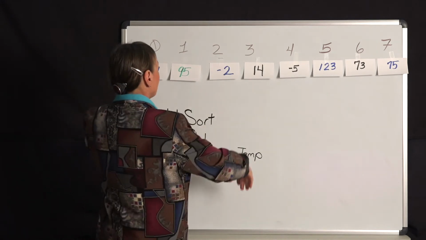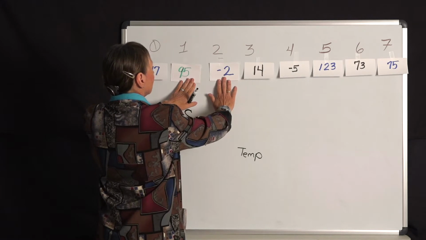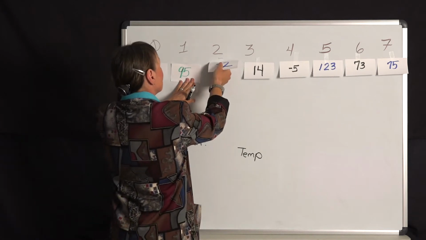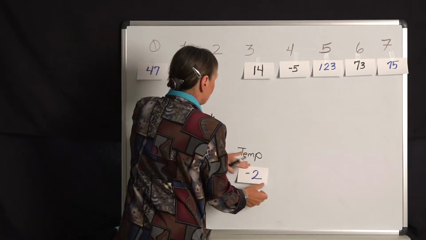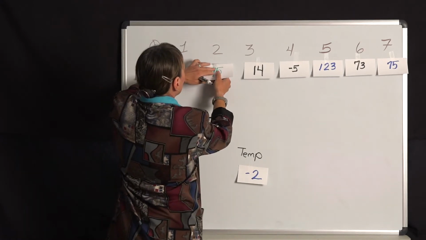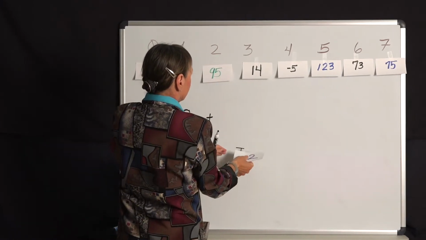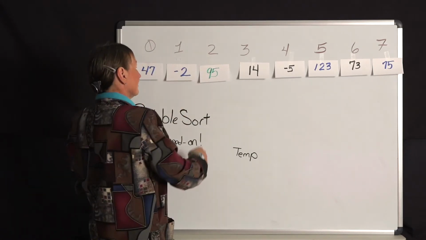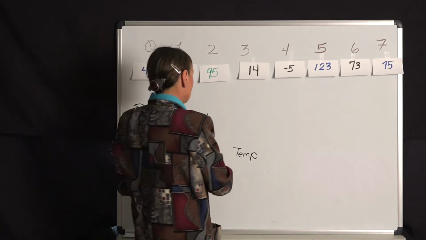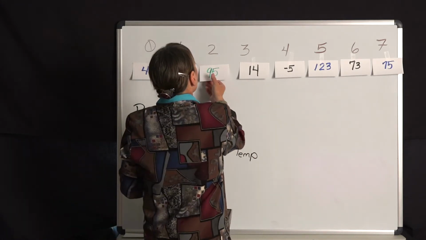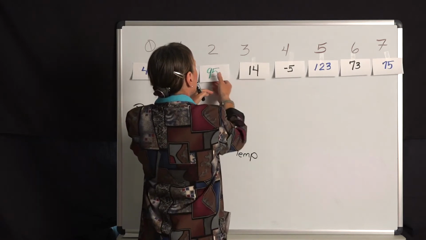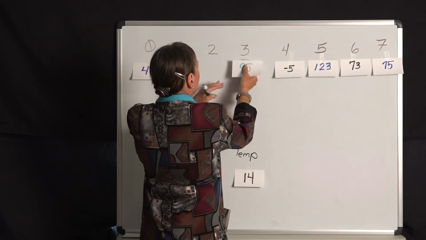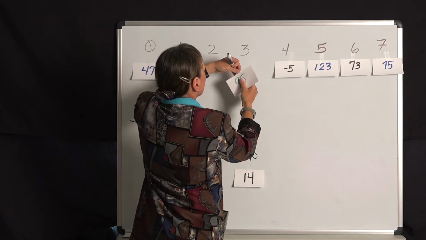Then as the computer, I look at the next two. Obviously -2 is not greater than 95, so this goes into the temp location, and I move 95 over here. Swapped is still on. 95 is greater than 14, so we move 14 to the temporary location and move 95 to the new location.